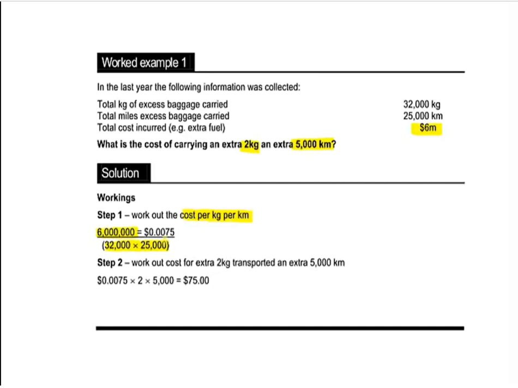So we end up with a cost of just under a cent per kilogram per kilometre. So 0.75 cents. The cost then for 2 kilograms going for 5,000 kilometres will be 0.0075 times by the 2 kilograms times by the 5,000 kilometres. So that will give us a cost of $75, and that will be the basis for charging.